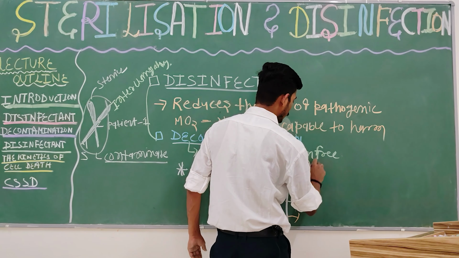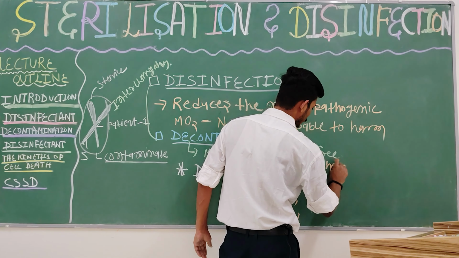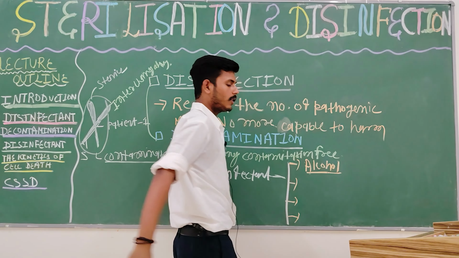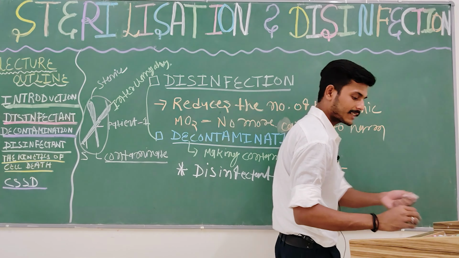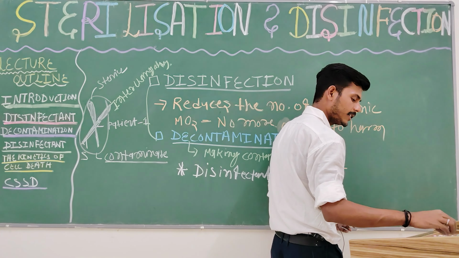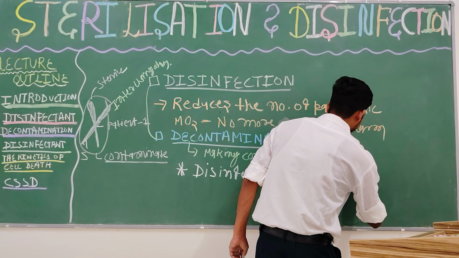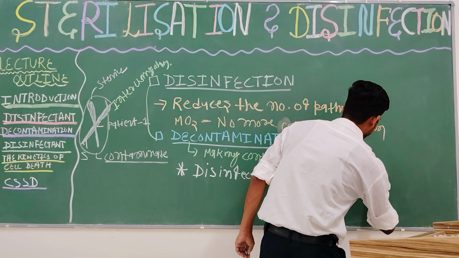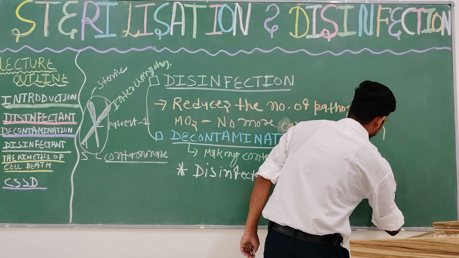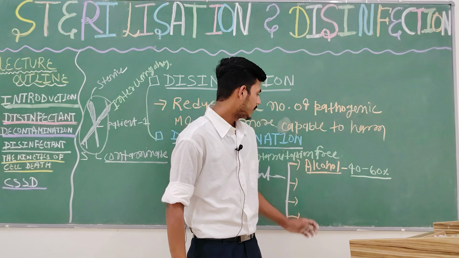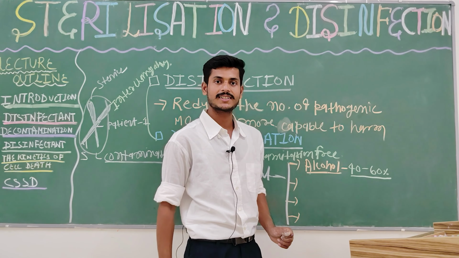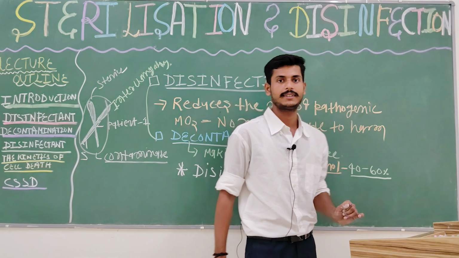Now, this alcohol, their concentration matters. Generally 40 to 60%. How much? 40 to 60% alcohol concentrations act as a disinfectant.